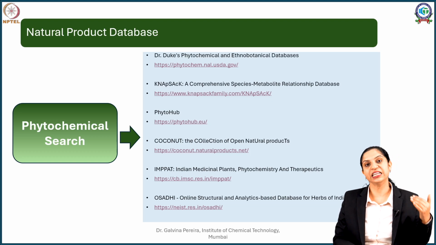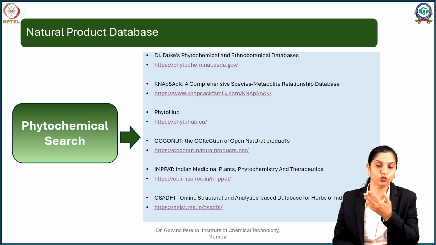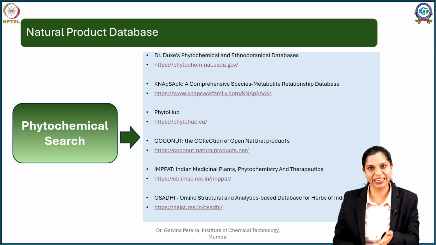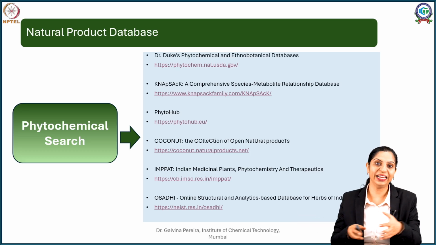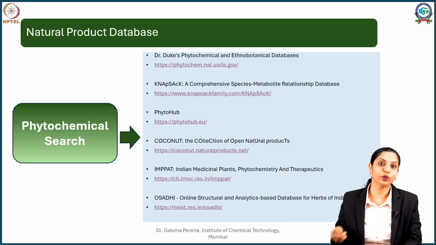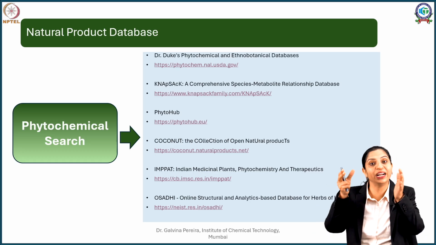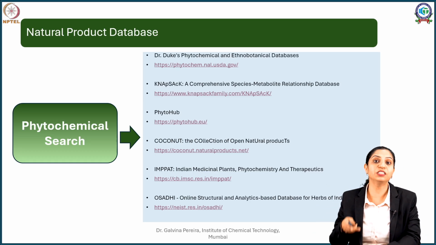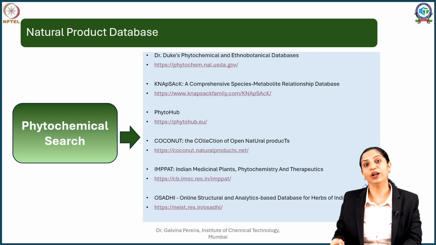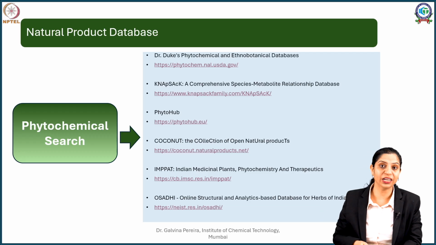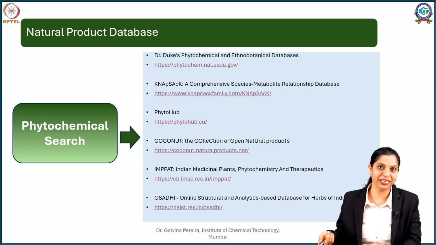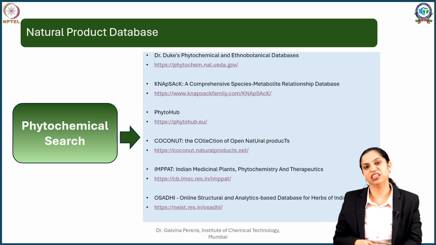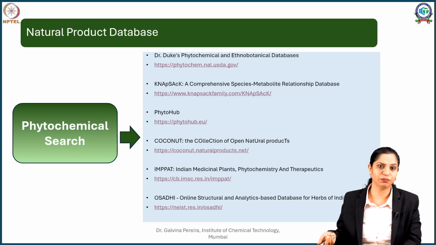The reason is there are certain software, servers or web platforms which are created to help you collect the phytochemical information which is there in the global database. These servers will collect that information and give you a curated list of phytoconstituents present in a plant. So you already know that if it is ashwagandha, it has to have this many substances; if it is ginger, it has to have this many substances.